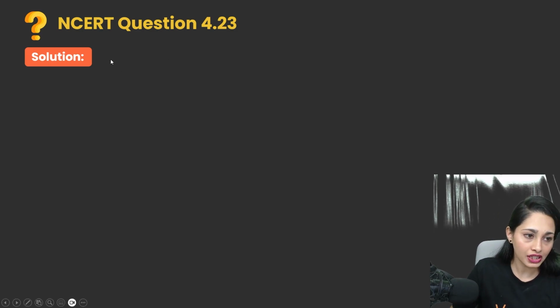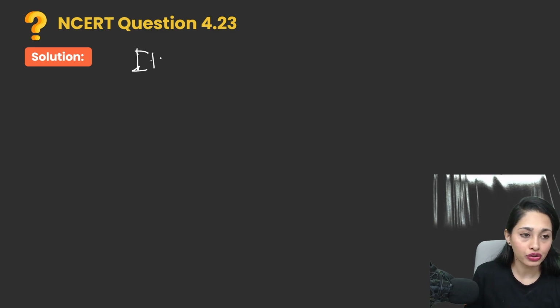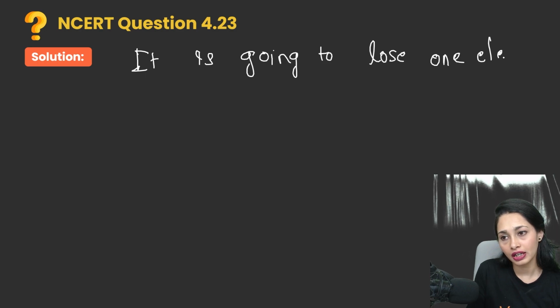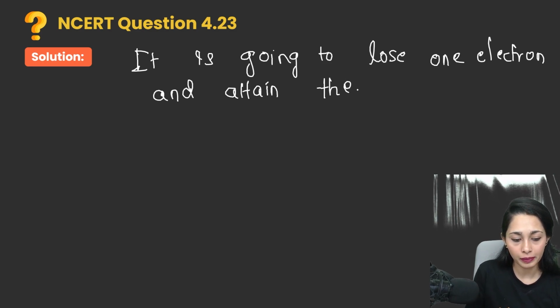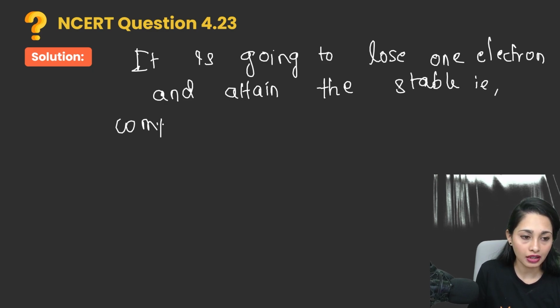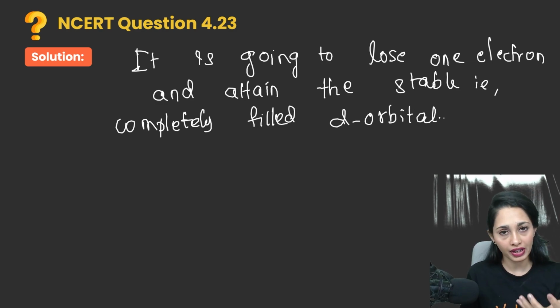It is going to lose one electron and attain the stable, completely filled d orbital. So hence it is very, very stable.